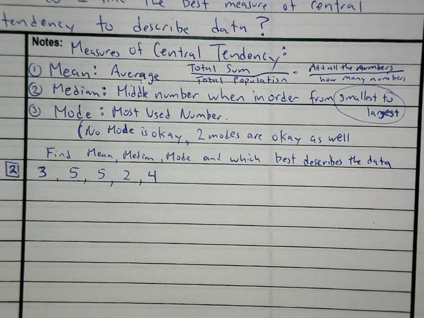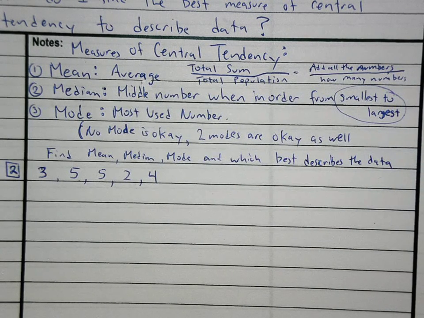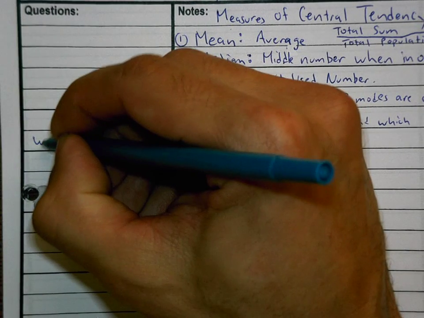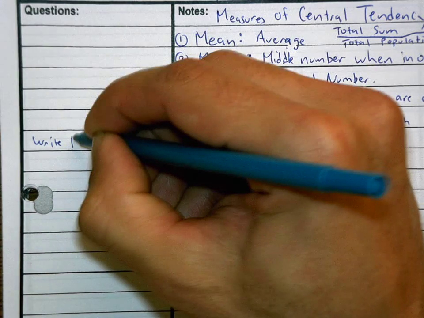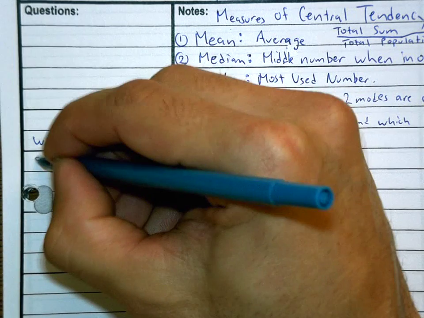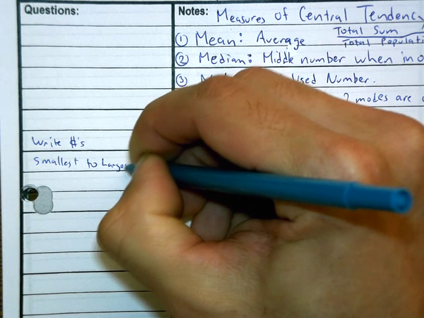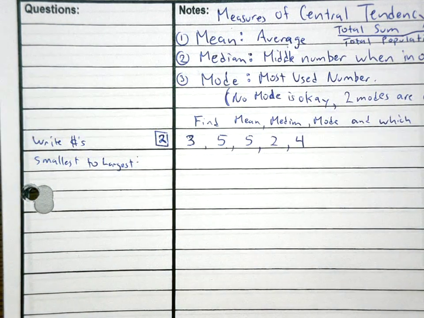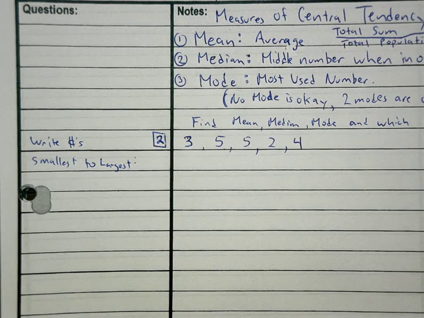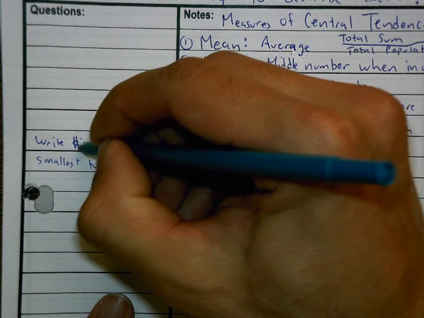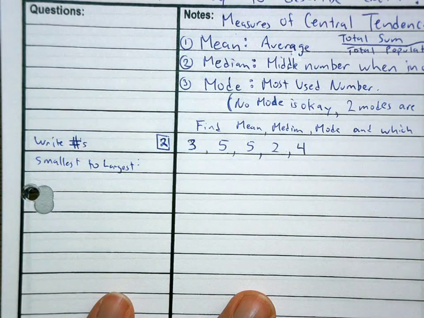The first thing I always recommend, always write your numbers from smallest to largest. That makes everything a little bit easier finding the median.